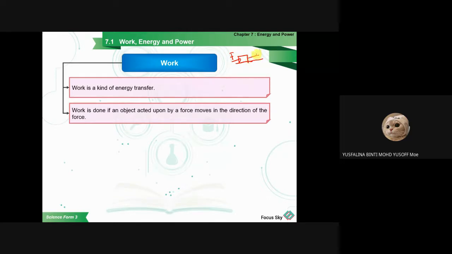If the box moves in the same direction as the force given, we call it work is done. So the box must move in the same direction as the force. Then we can say the work is done.